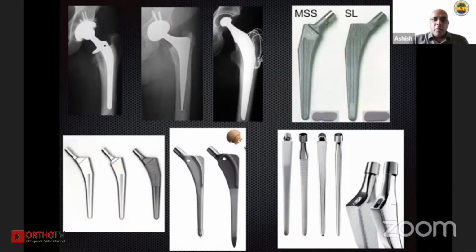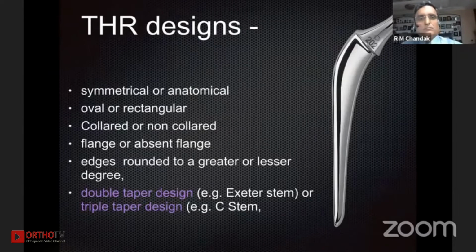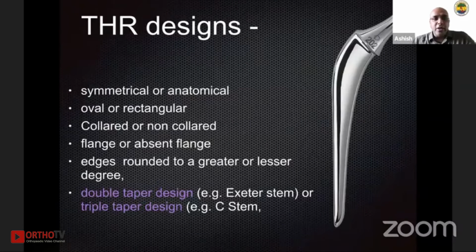And the bottom pictures are also different stems, where you can see different shapes, sizes, different tapers. So the femoral stem design can be symmetrical or anatomical. They could be side specific. They could have an oval or rectangular cross section. They could be collared or non-collared. The flange could be present or absent. The edges could be rounded to a greater or lesser extent. And they could have certain design changes, like being double tapered or triple tapered.